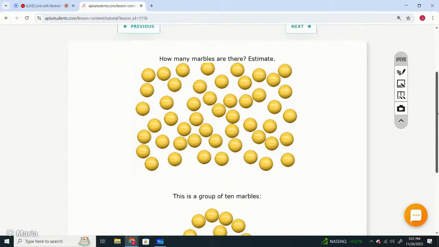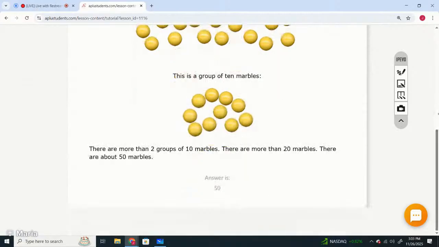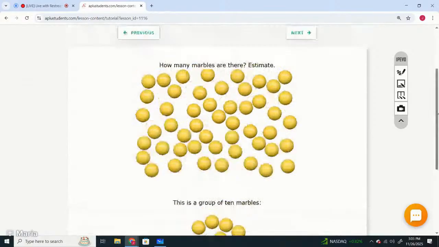You can see this is a group of 10 marbles. There are more than two groups of 10 marbles, so there are more than 20 marbles. There are about 50 marbles. You don't have to count them exactly one by one, you just have to guess. You are given two options, so you have to estimate which option is the correct one.